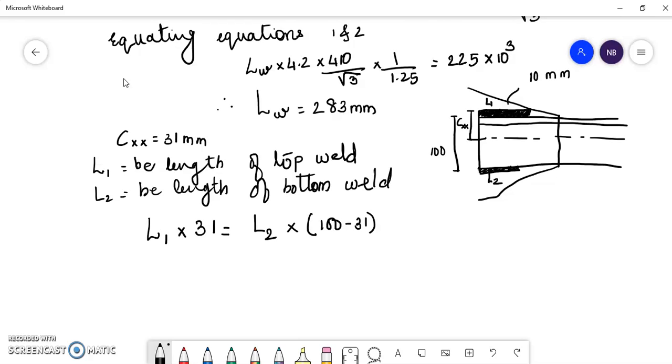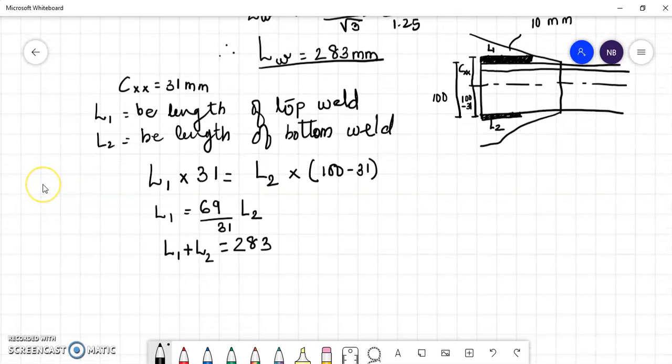So this distance here is 100 minus 31. So we get L1 equals 69 upon 31 L2. We also know that the entire length L1 plus L2 should be equal to 283, that is this value that we have obtained earlier.